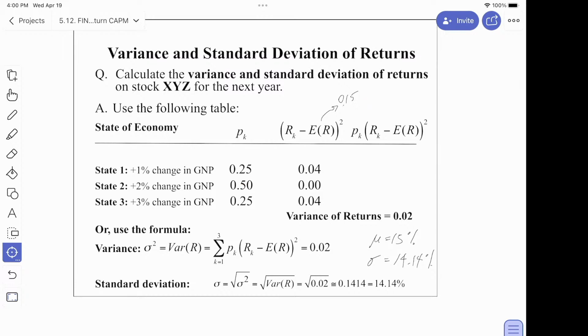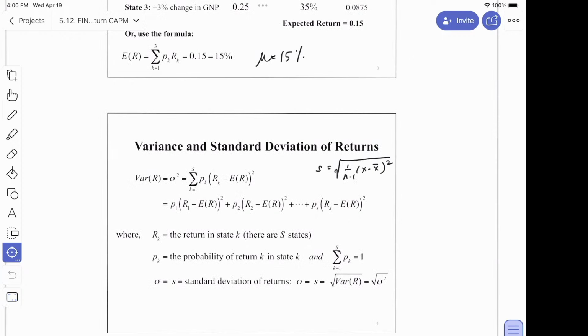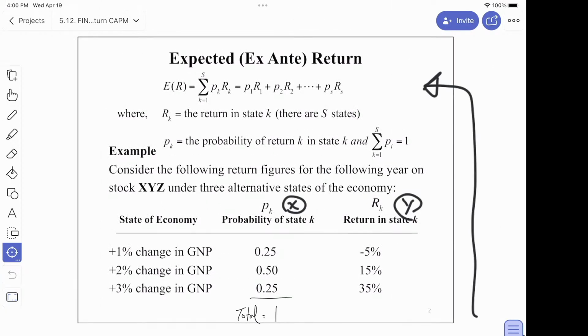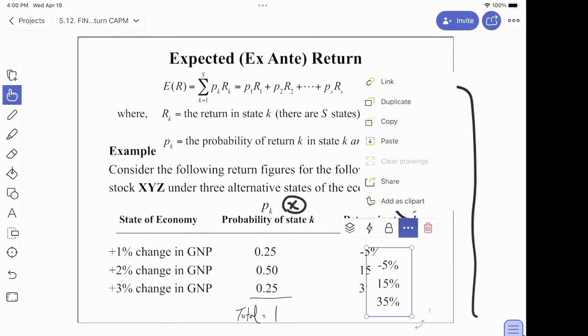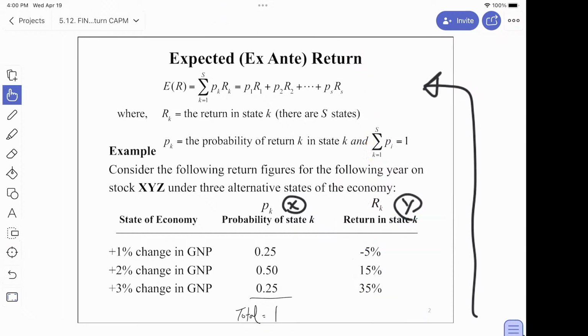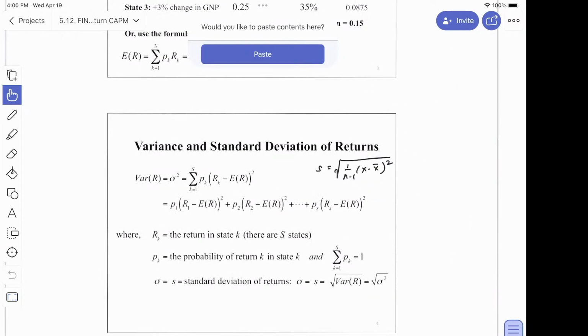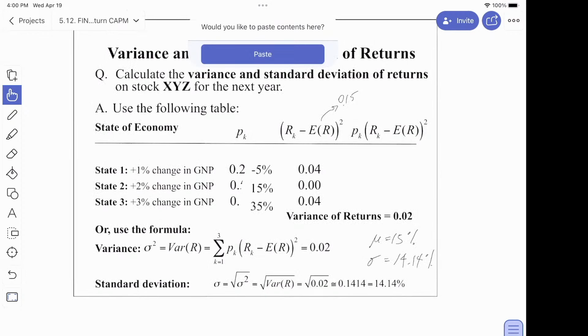Sorry, that's not right. Let me put this column in to see it better. Let's put this column in here. I'm trying to make this as straightforward as possible.